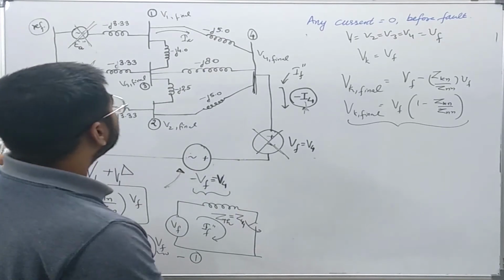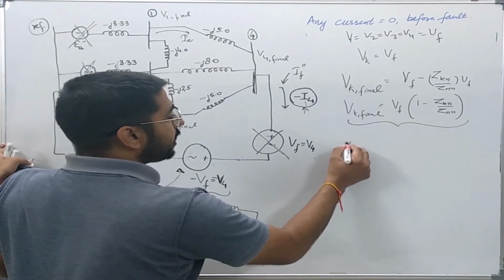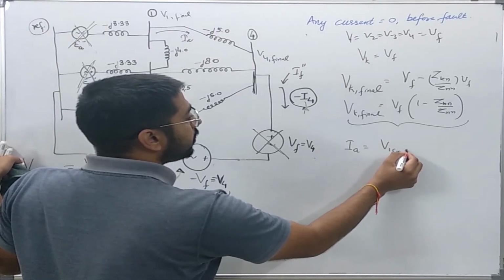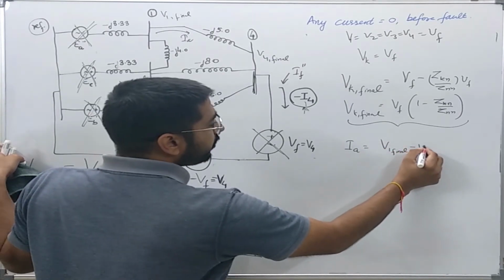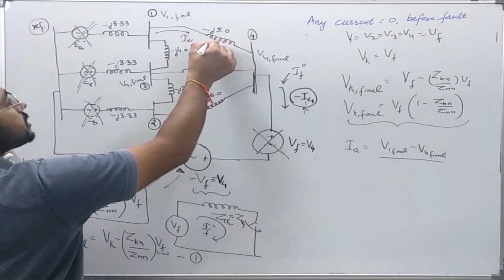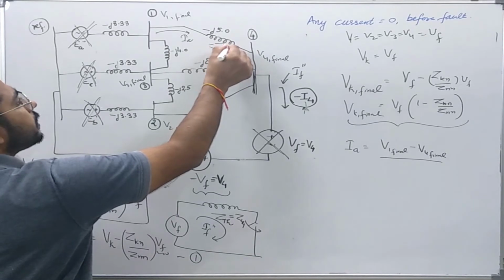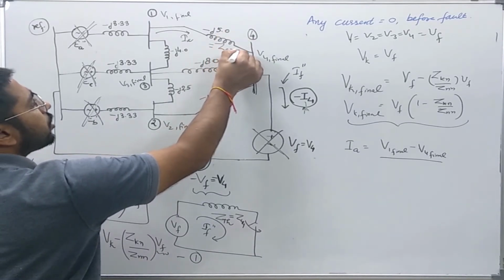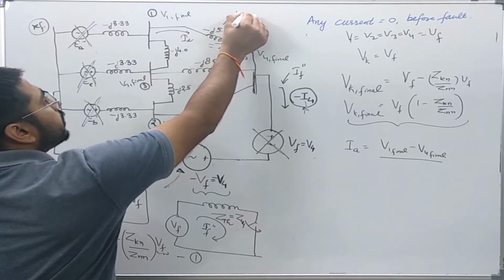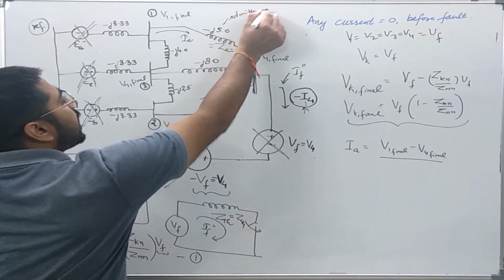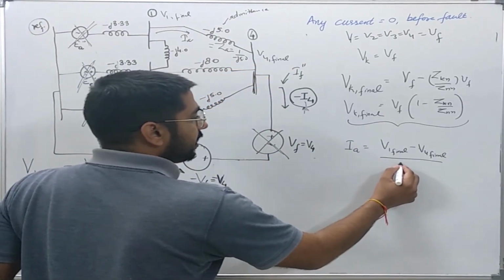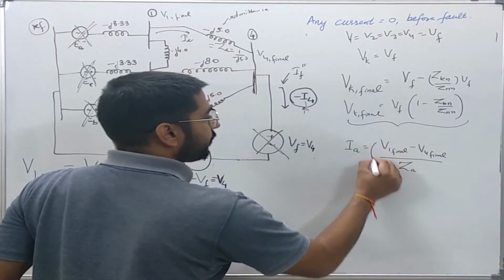To find the current IA, I will write V1 final minus V4 final over ZA. ZA is equal to nothing but 1 over minus J5, because this is in the admittance form. And to write Ohm's law, I will write in the impedance form. This is nothing but ZA.